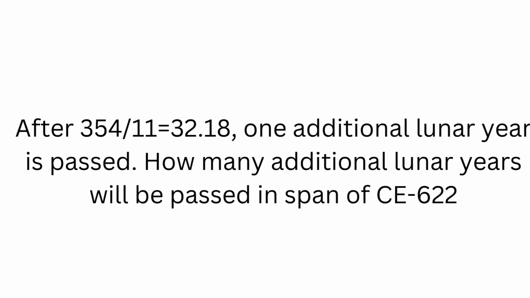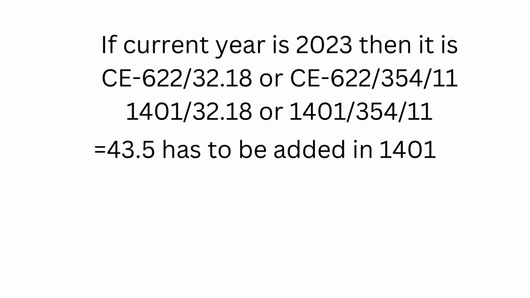Now in span of CE minus 622 or 1401, number of additional years will be 1401 divided by 32.18, or 1401 whole divided by 354 by 11, is equal to 43.5. This will give us 1444.